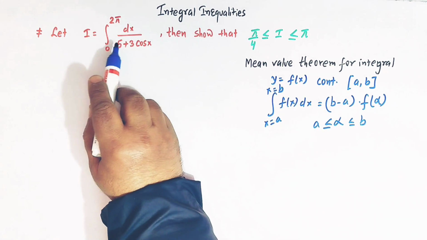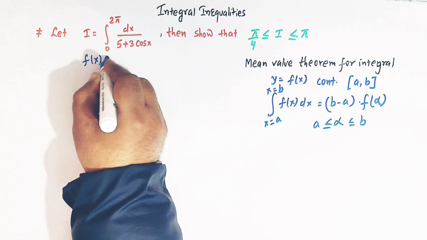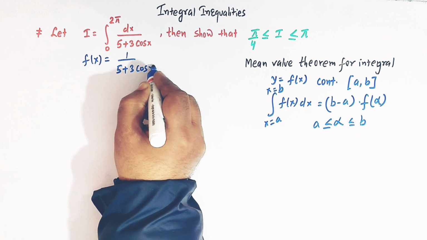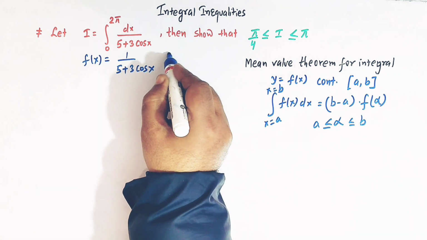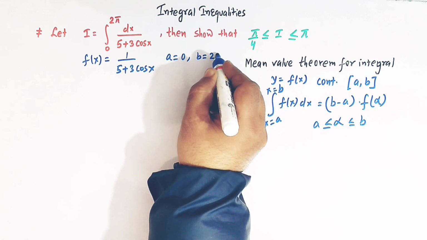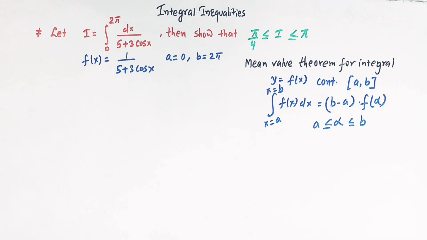So now if we compare this integral with this one, then f of x is equal to 1 over 5 plus 3 cos x, and the value of a is 0 and the value of b is 2 pi, right? So the lower limit is 0, the upper limit is 2 pi.